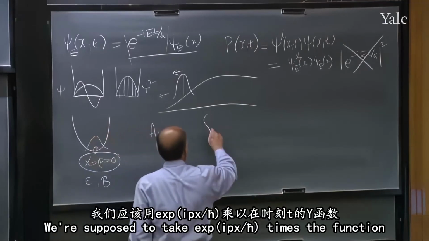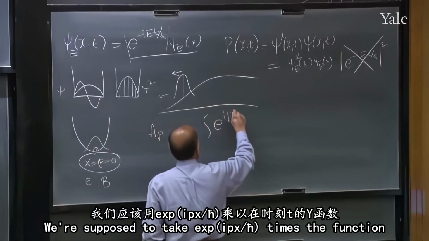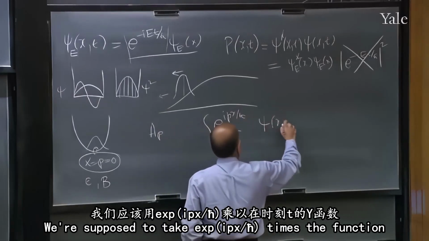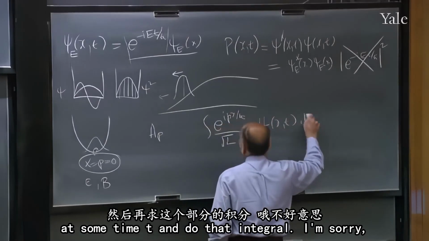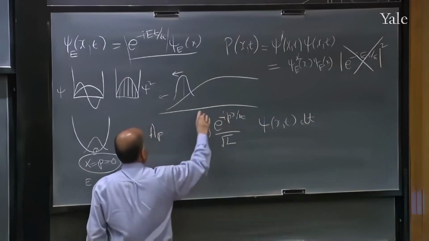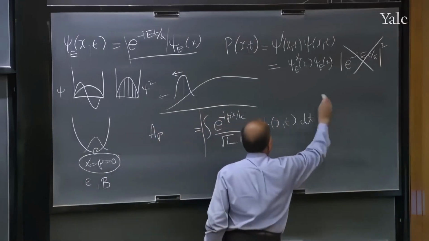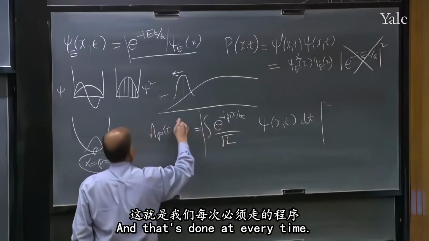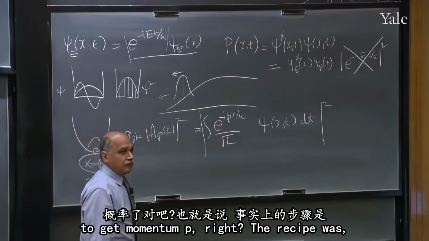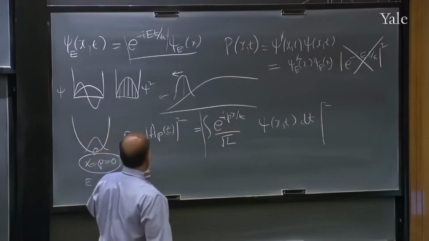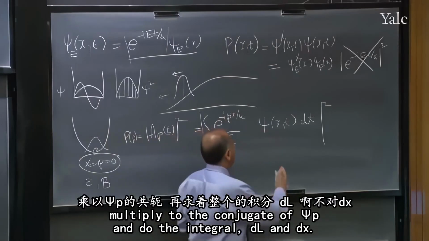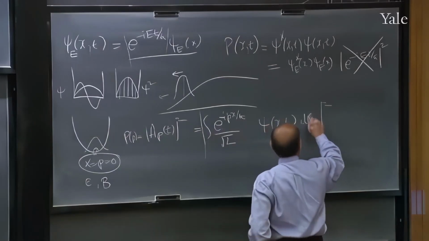We're supposed to take e to the ipx over h bar times the function at some time t and do that integral, and then you take the absolute value of that. And that's done at every time. You take the absolute value, and that's the probability to get momentum p. Right? The recipe was, if you want the probability, take the given function, multiply it with the conjugate of psi sub p, and do the integral dx.